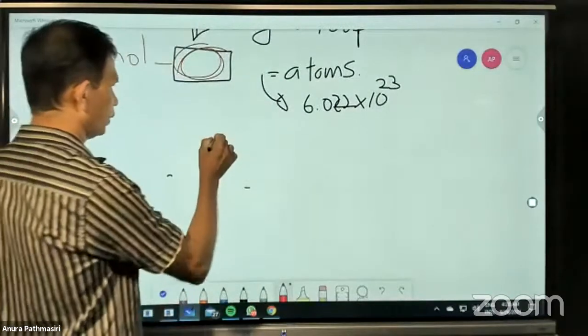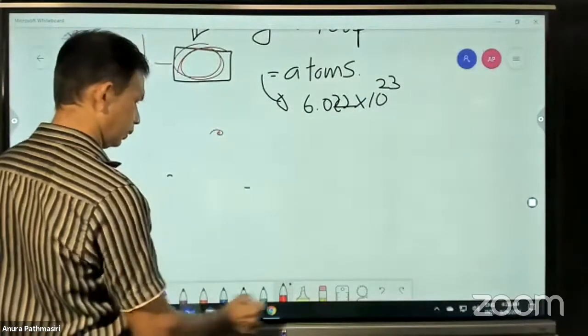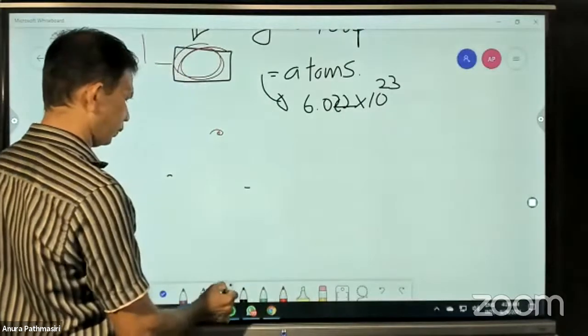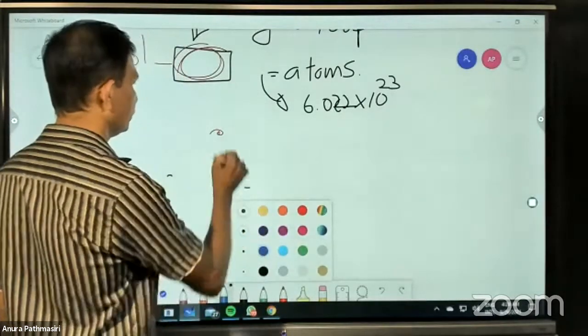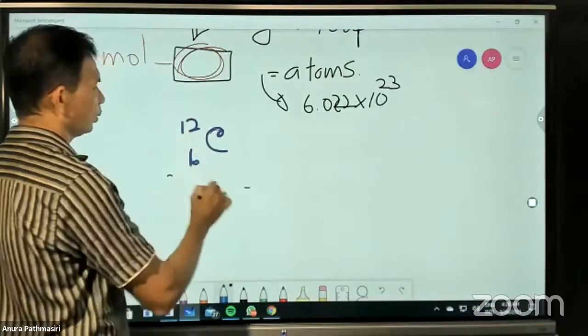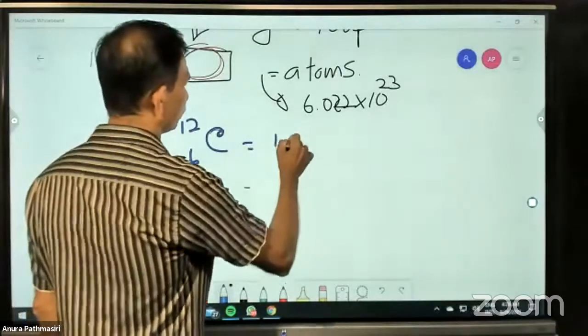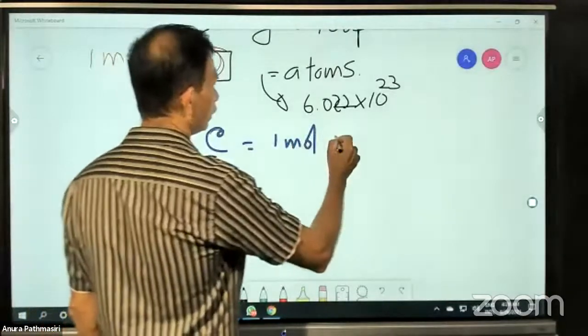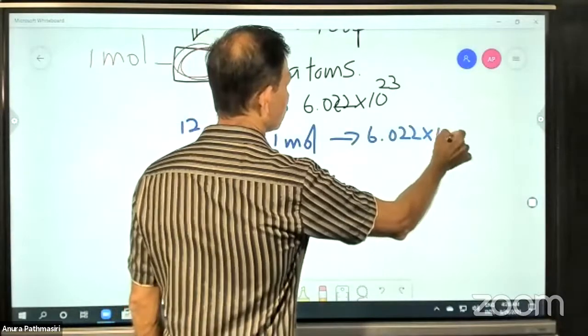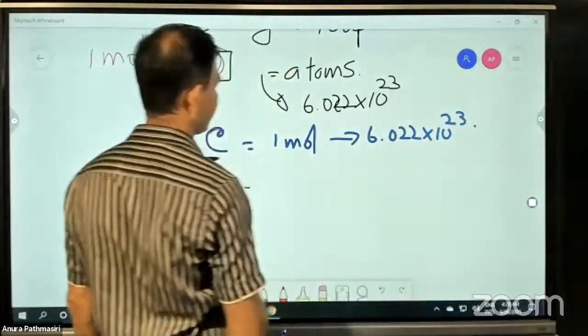Now, if you can't understand anything, you can disturb me. If you consider C-12 isotope, 1 mole, you have 6.022 times 10 to the power 23.